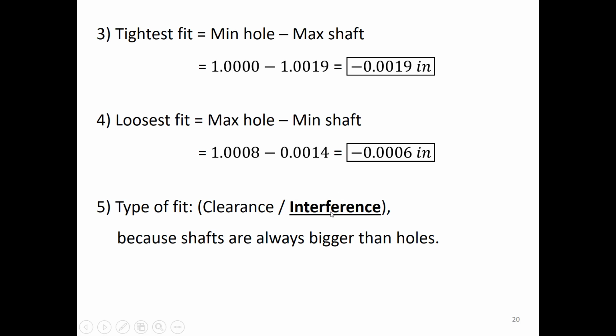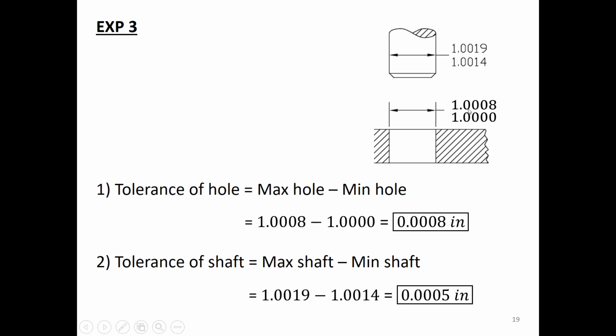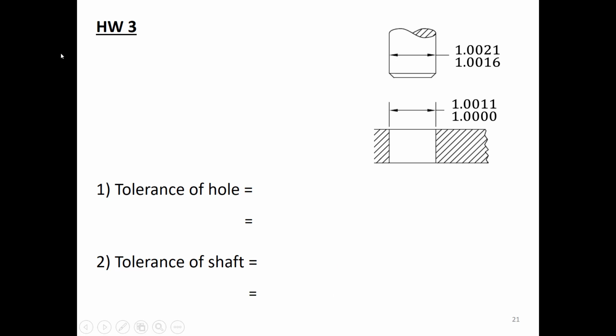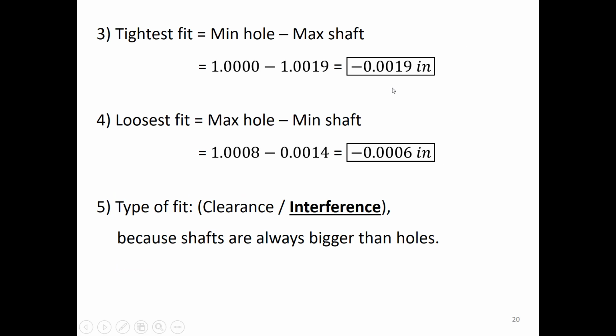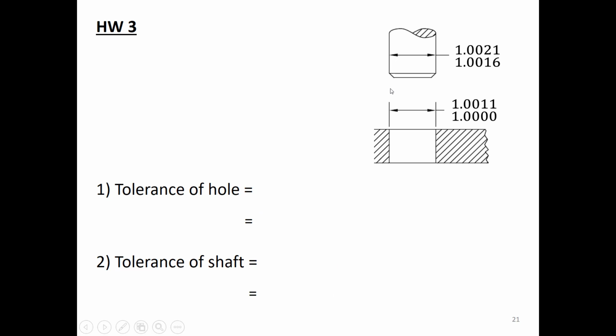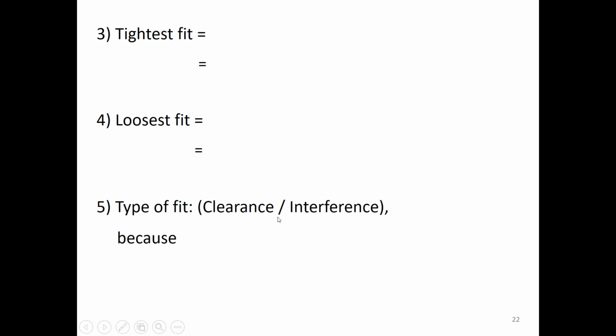So the type of fit is going to be an interference fit, because the shaft size is always bigger than the hole size. So this is the reason. And homework 3 is very similar to example 3, and you can complete all these procedures on your own.